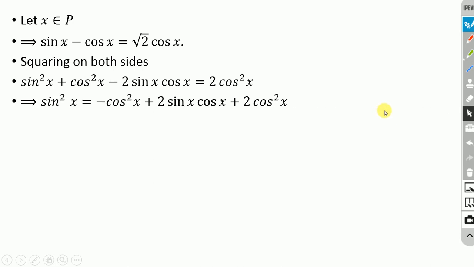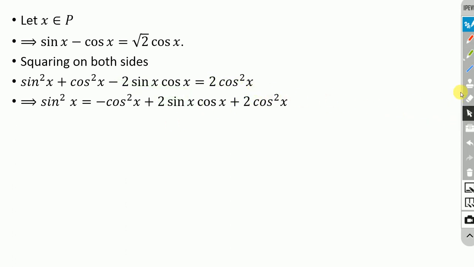Now we will solve for sin square x. I will keep sin square x here as it is, and take cos square x and minus 2 sin x cos x to the right hand side. So we get minus cos square x plus 2 sin x cos x plus 2 cos square x.